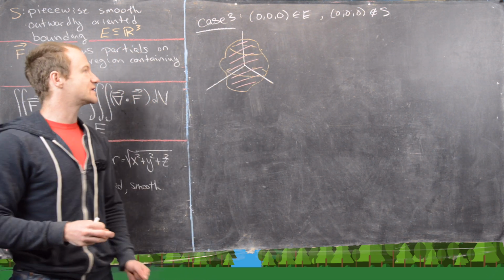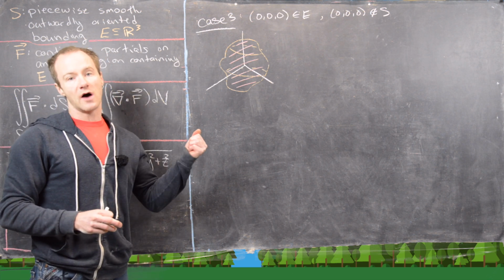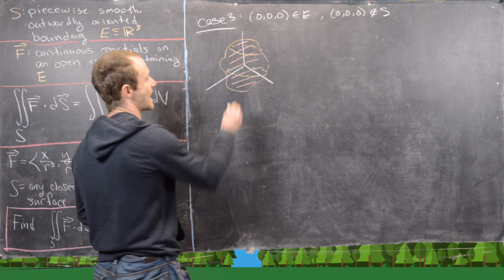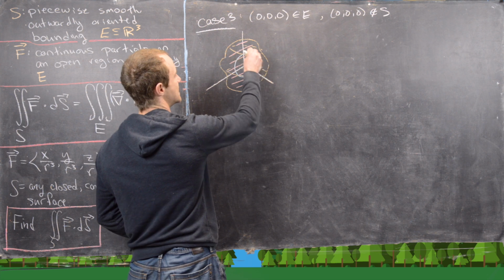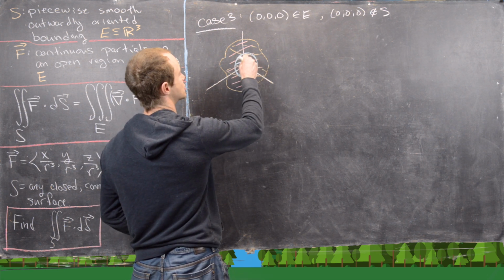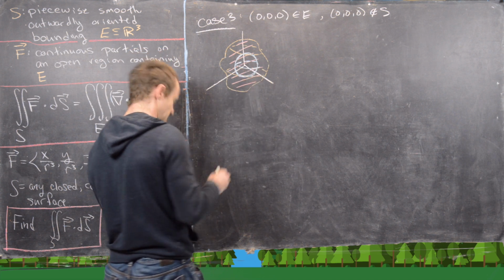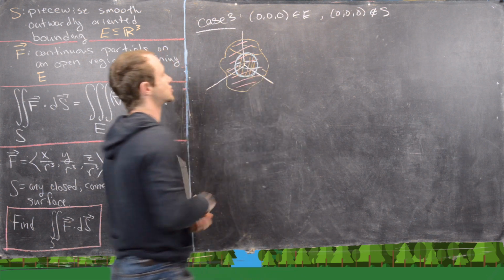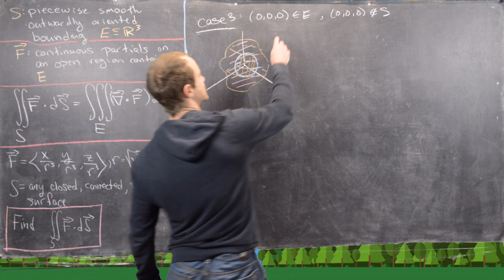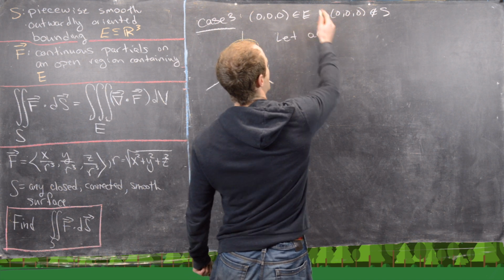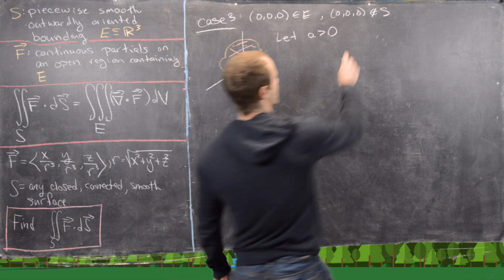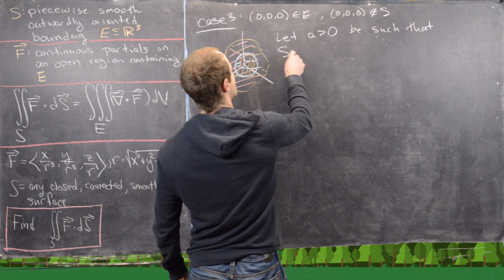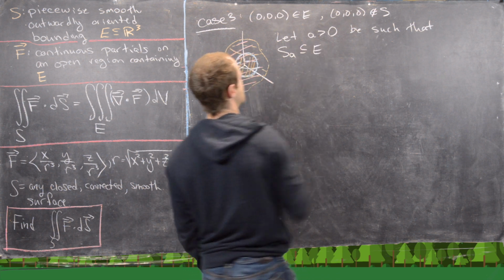Since the surface doesn't contain the origin, but the solid region does contain the origin, we can find a sphere of radius A that is completely contained within this surface. So let's draw that. Maybe we'll draw it like that, and that's going to be a sphere of radius A. Maybe we'll do the interior of that sphere in orange. So let A, which is a positive real number, be such that the sphere of radius A is a subset of E. Great.